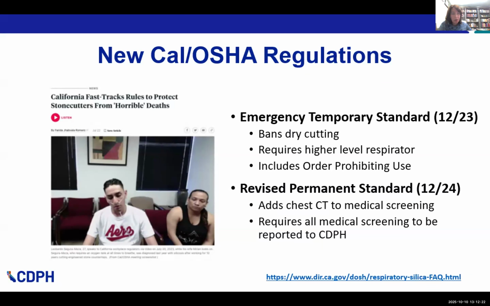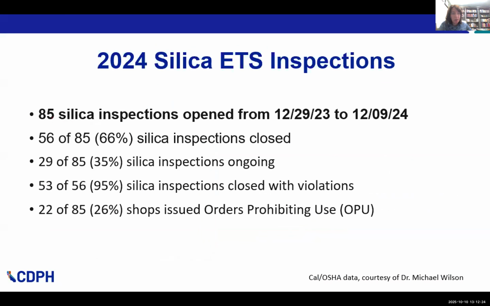This slide shows you some preliminary results from the 2024 emergency temporary standard inspections. Cal OSHA did 85 inspections over the course of about a year. And you can see that most of them have been closed, a few are still ongoing. But the real takeaway here is that 95% were closed with violations.